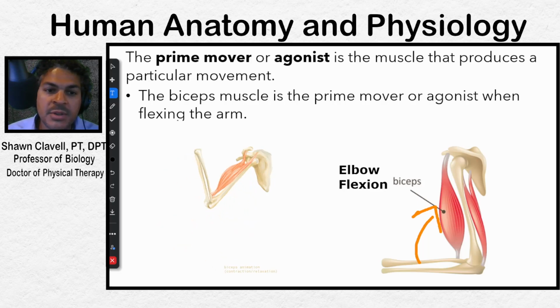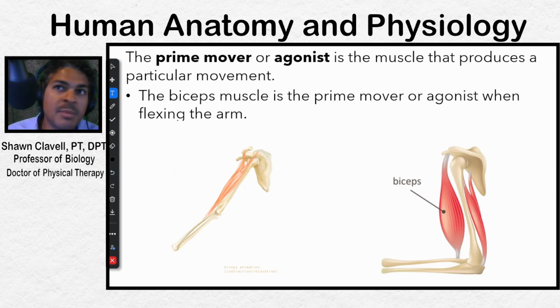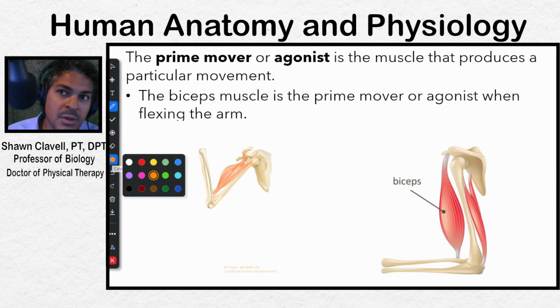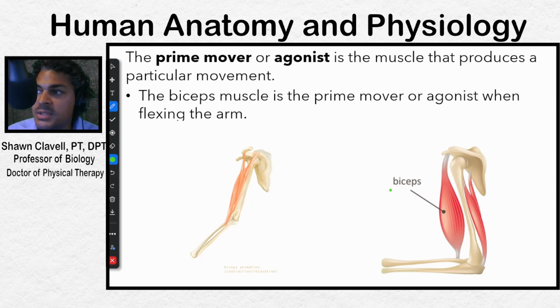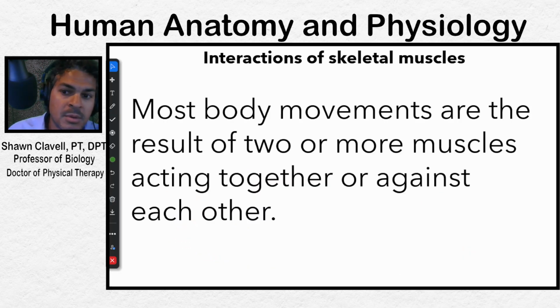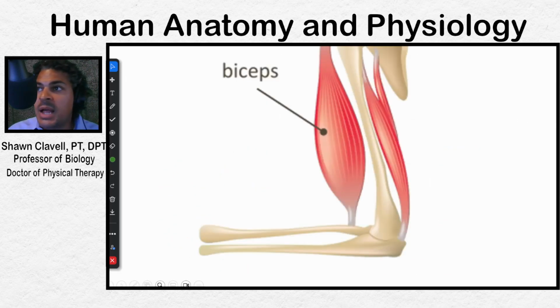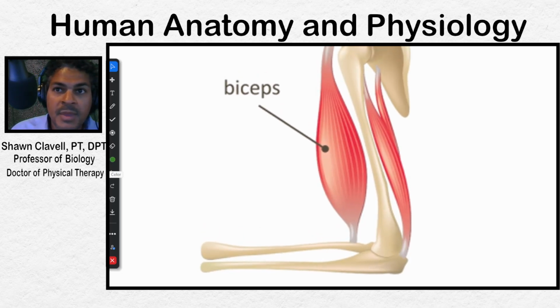Now, not only is there a muscle that is contracting and shortening, as you can see in the picture, where the biceps shortens when the elbow flexes, there's also a muscle that is lengthening and relaxed.